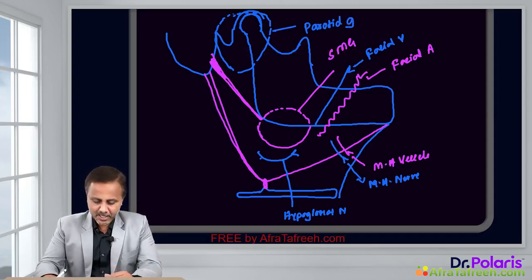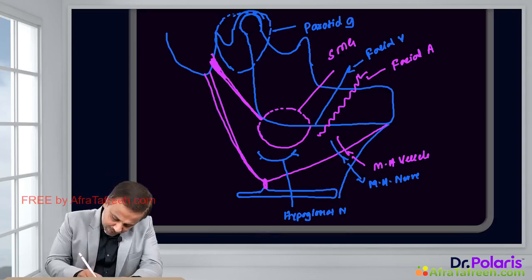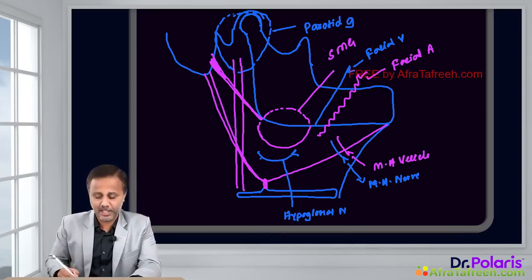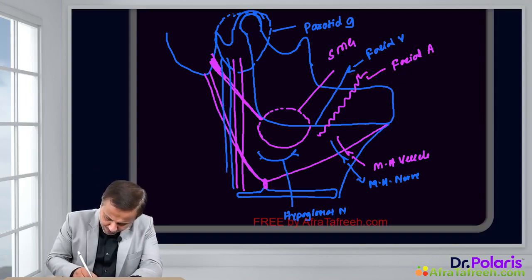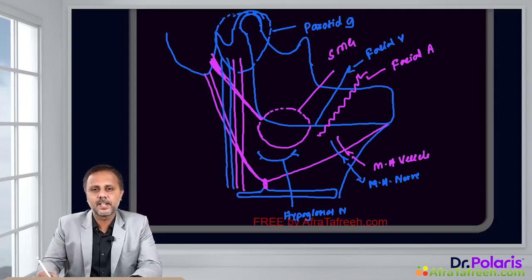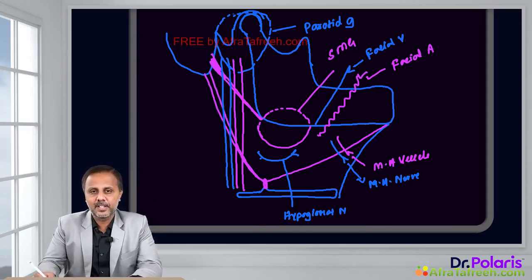Within the parotid gland, we have a few important structures. What are these? The external carotid artery. Let's imagine this is the external carotid artery, and then we have the internal jugular vein. Enclosing this, there is the carotid sheath.